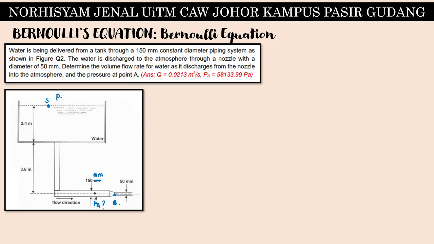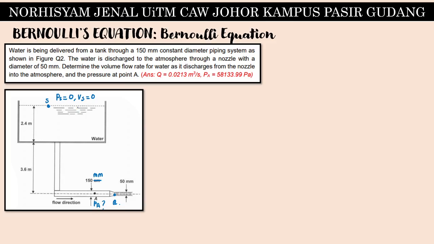So PS, pressure of the surface, should be equal to 0 because this is the study of chapter 3. Chapter 3 is all about gauge pressure. If we meet atmosphere, pressure should be equal to 0. Velocity at this point should also be 0 because this is at the surface of a tank.